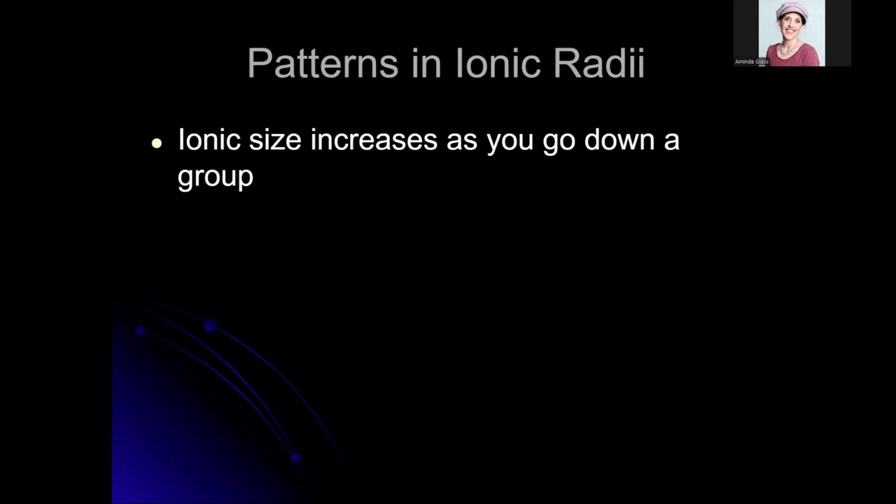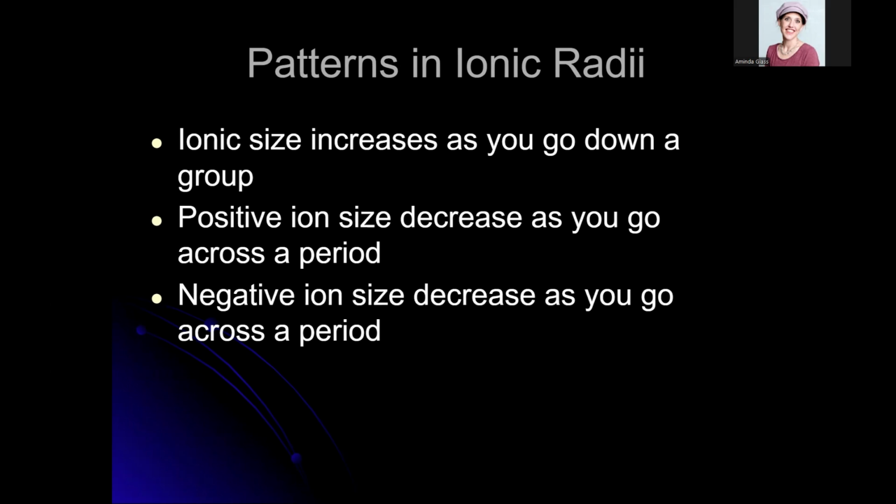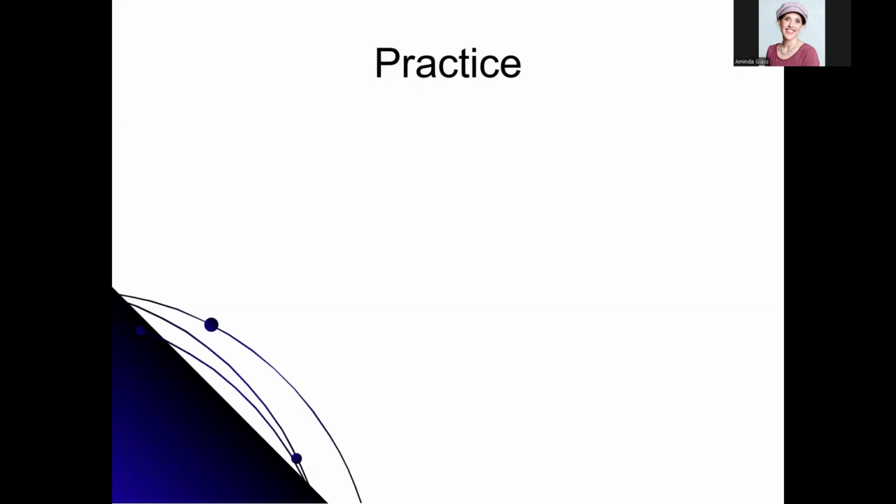Now the ionic size increases as you go down a group. Positive ion size decreases as you go across a period. The negative ion size decreases as you go across a period. Those are just some recap things. Let's do some practice.